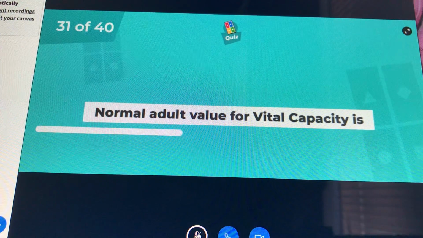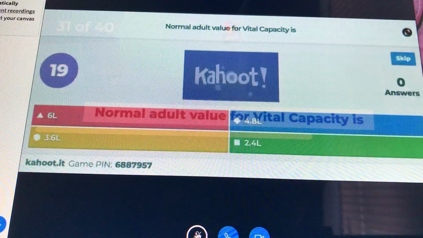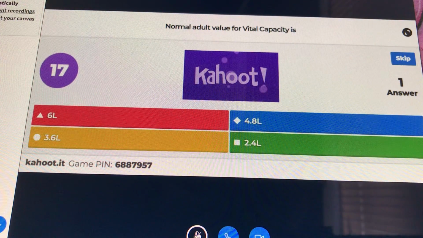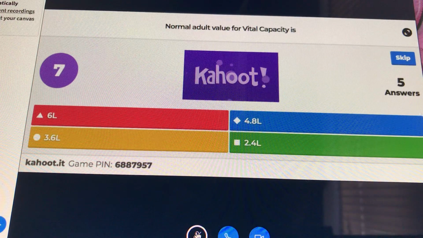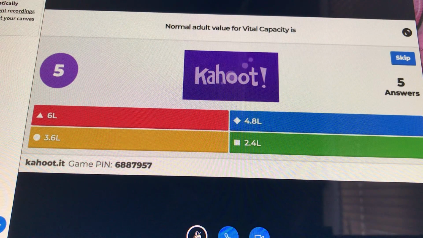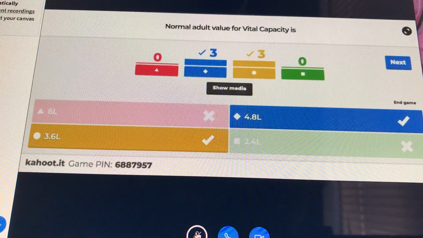Normal adult value for vital capacity is, that should actually only be 4.8 liters. So that should just be the blue one. 4.8 liters or 4,800 mLs.